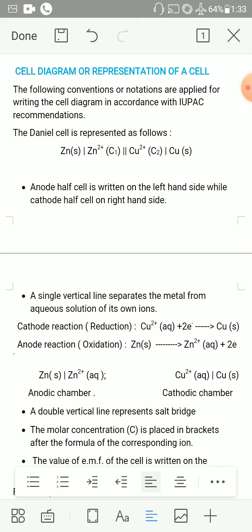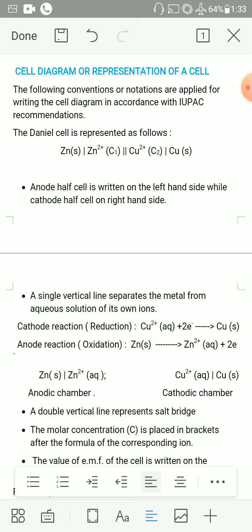Now, cell diagram, or how to represent a cell. There are some rules to represent a cell. The following conventions or notations are applied for writing the cell diagram in accordance with IUPAC recommendations.